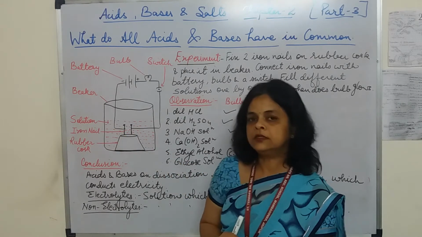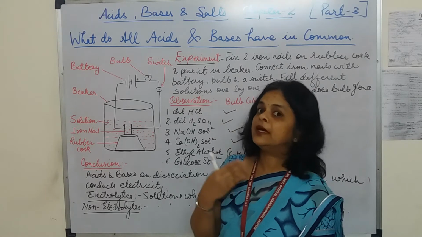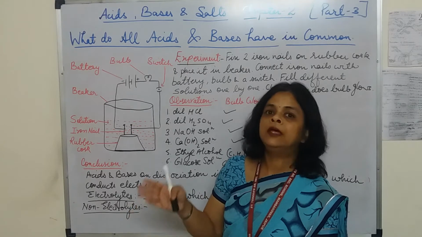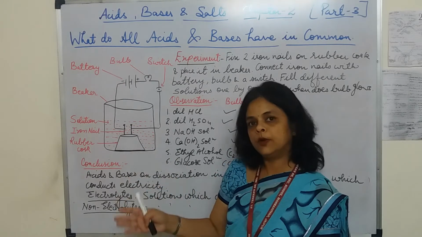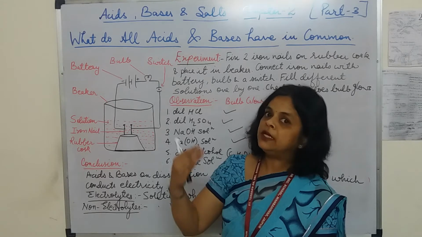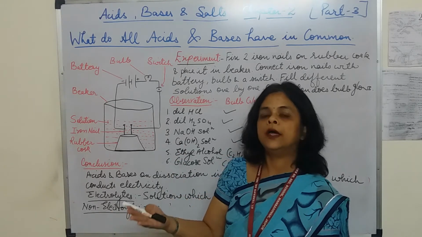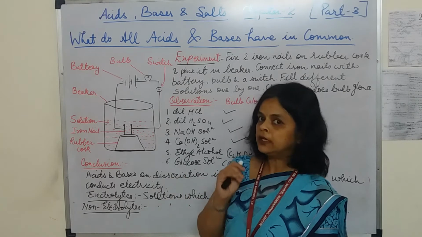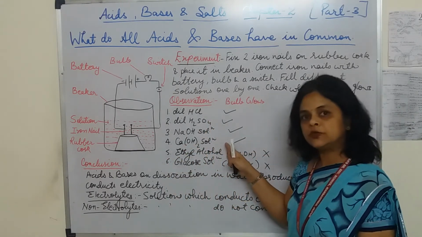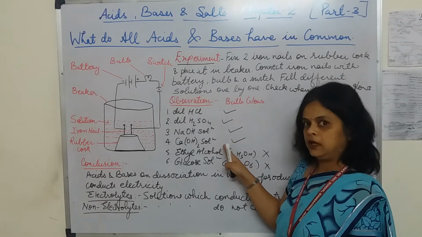In the Arrhenius concept we had seen that for an acid to be called an acid, it should dissociate to form H plus ions and a corresponding anion. For a base to be called a base, it is going to dissociate into hydroxide ions and a corresponding cation. That means acids and bases dissociate in water into ions.